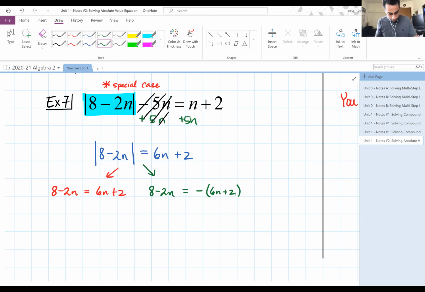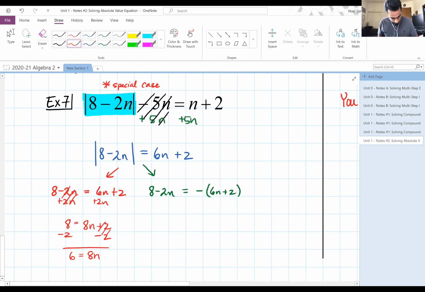All right. So now from here, we can just solve. Okay. We can add 2n to both sides, and we'll get 8 is equal to 8n plus 2, right? We want to solve this by subtracting 2. So we get 8n is equal to 6, okay?